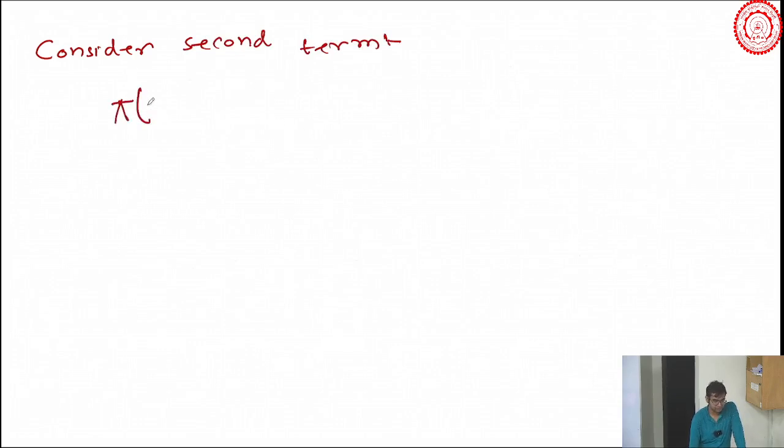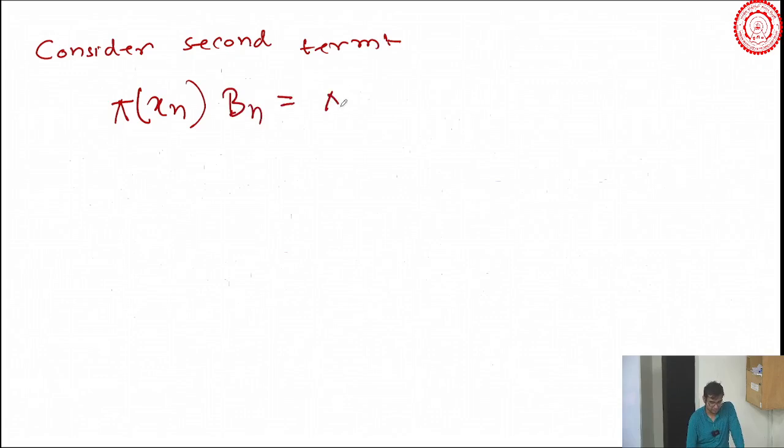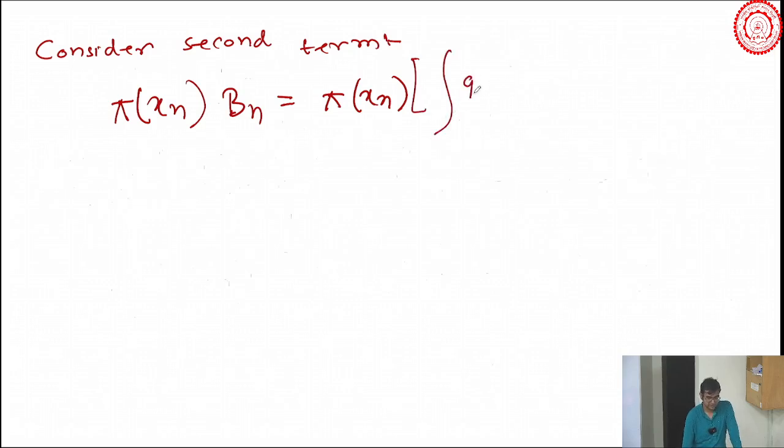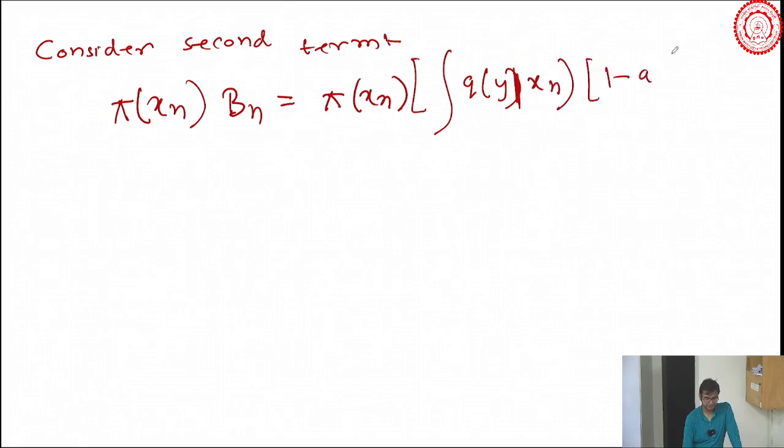It is pi of xn multiplied by bn, which is equal to pi of xn multiplied by the integration of q of y given xn, multiplied by 1 minus a of xn comma y, dy.